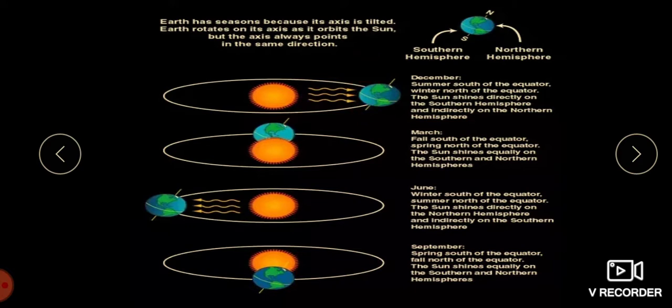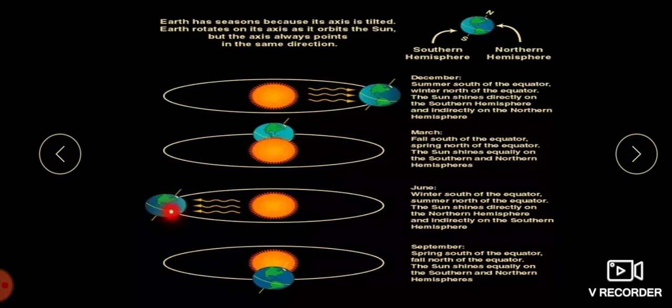In March, it is fall south of the equator and spring north of the equator, and the sun shines equally on the southern and northern hemispheres. In June, it is winter south of the equator.